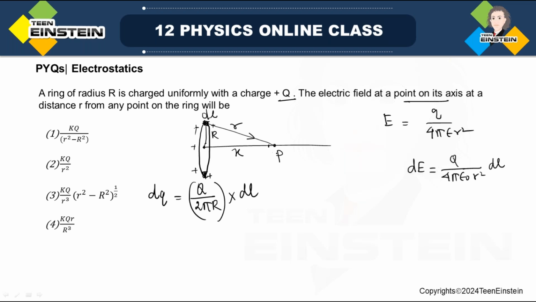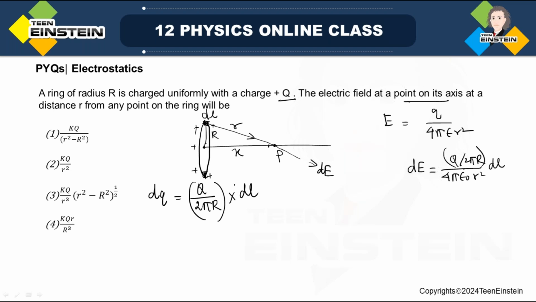So this is one part of it. But see, this is actually going to be in this direction. Somehow the electric field will be acting this way. Let us say this is dE. Here there will be Q by 2 pi capital R as well.